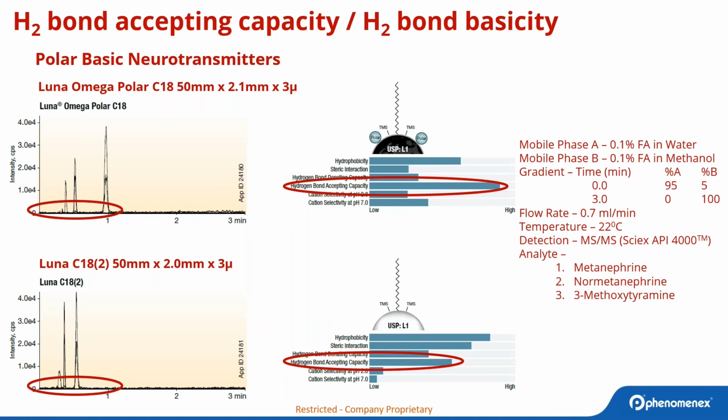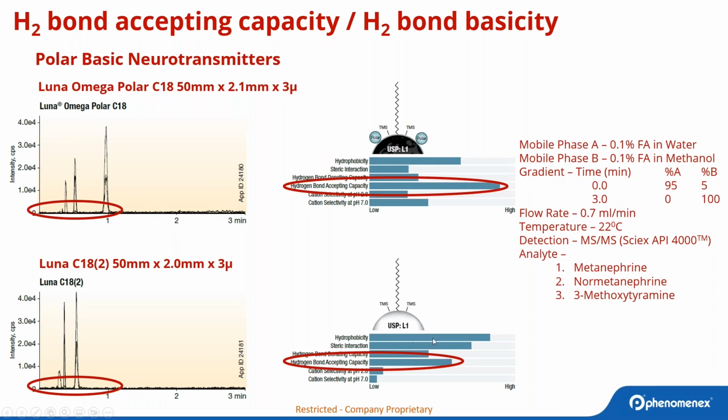So here's an example of polar basic neurotransmitters. Again, we need additional retention of these analytes, and so we're going to choose a phase. We started off with a C18 phase. We were just trying to get as much hydrophobic interaction as we could and enough retention that way, but it didn't work and we need some additional retention.